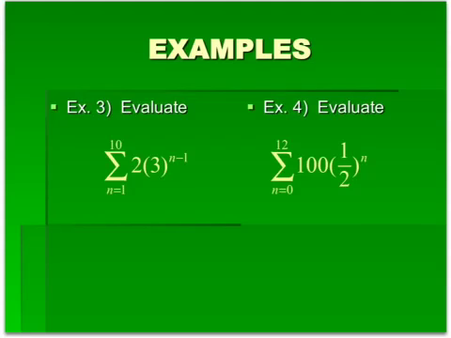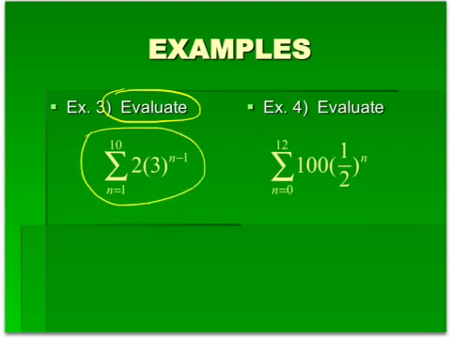So in both of these examples, it says evaluate. Whenever you're told to evaluate something, that means to find the actual number, okay? So we're actually going to want to find the sum of the first 10 terms of the sequence that we get when we use this formula. So first we can start doing out a few of the terms if you need to.